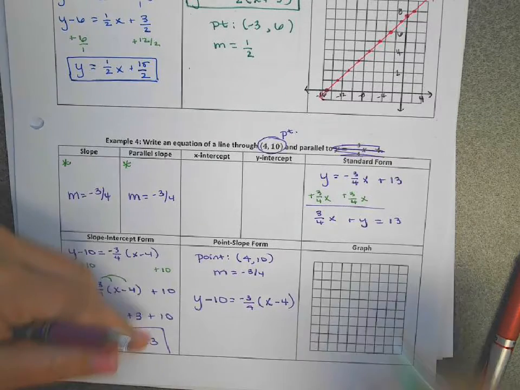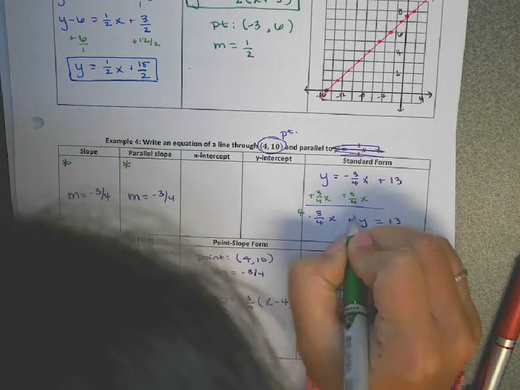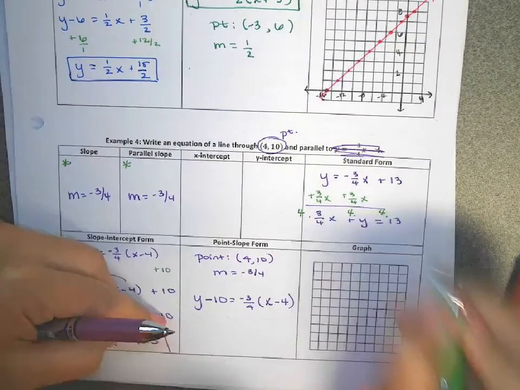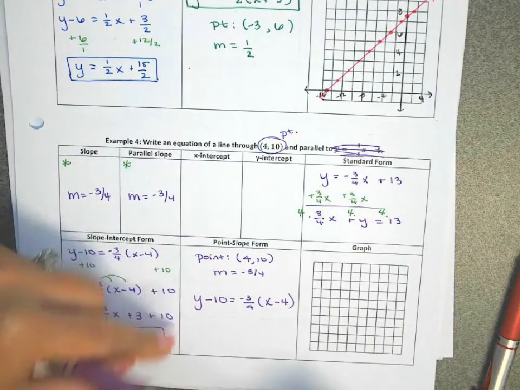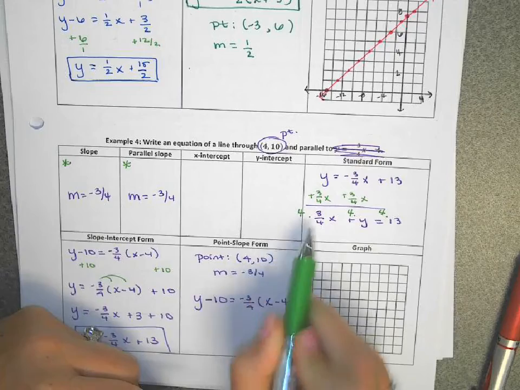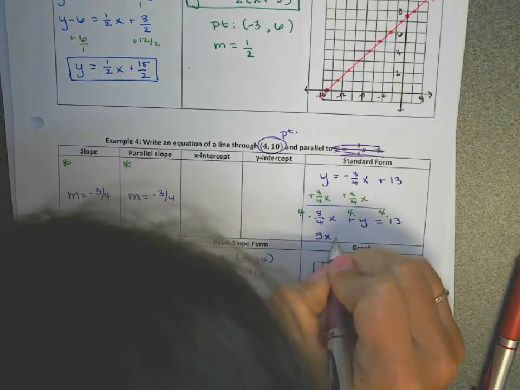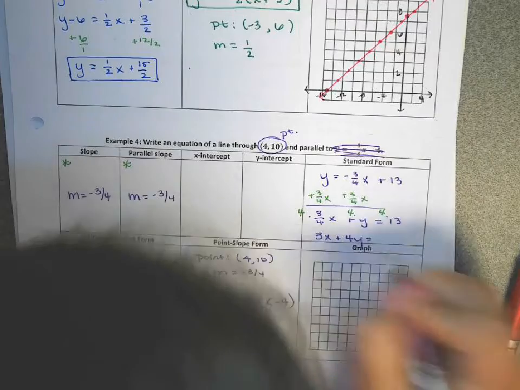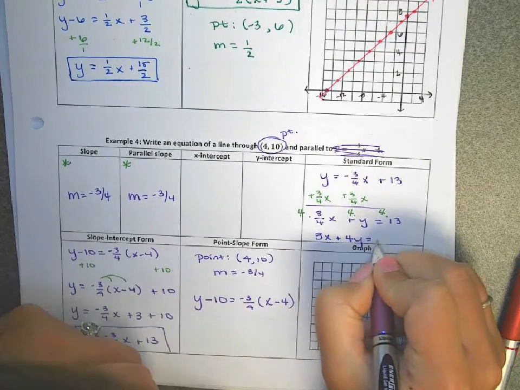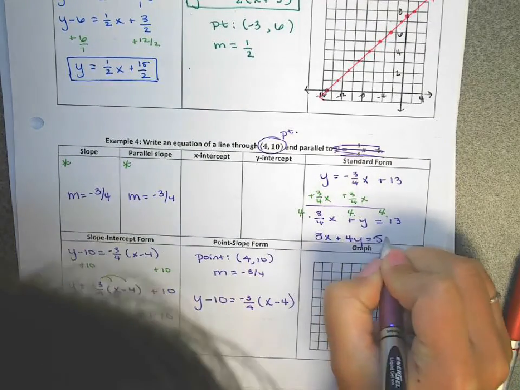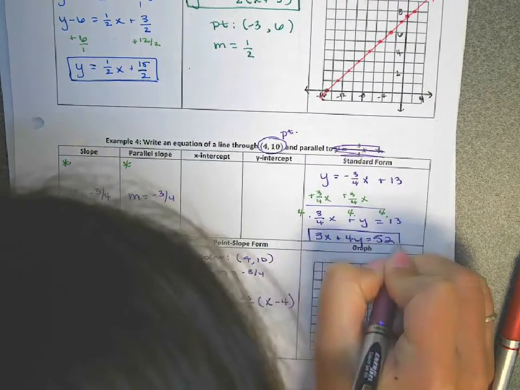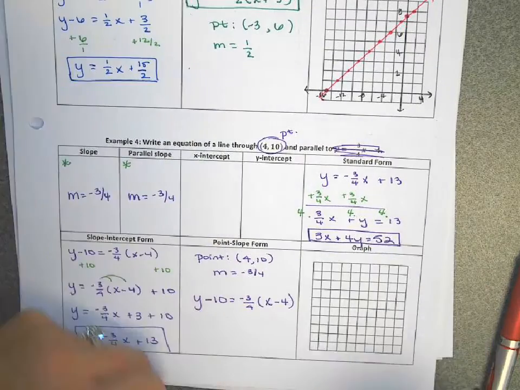And that's why last unit we practiced getting rid of fractions in some of those solving, because we have to know how to get rid of fractions by multiplying everything by that denominator. So this one we're going to get 3x plus 4y equals 52. That's standard form.